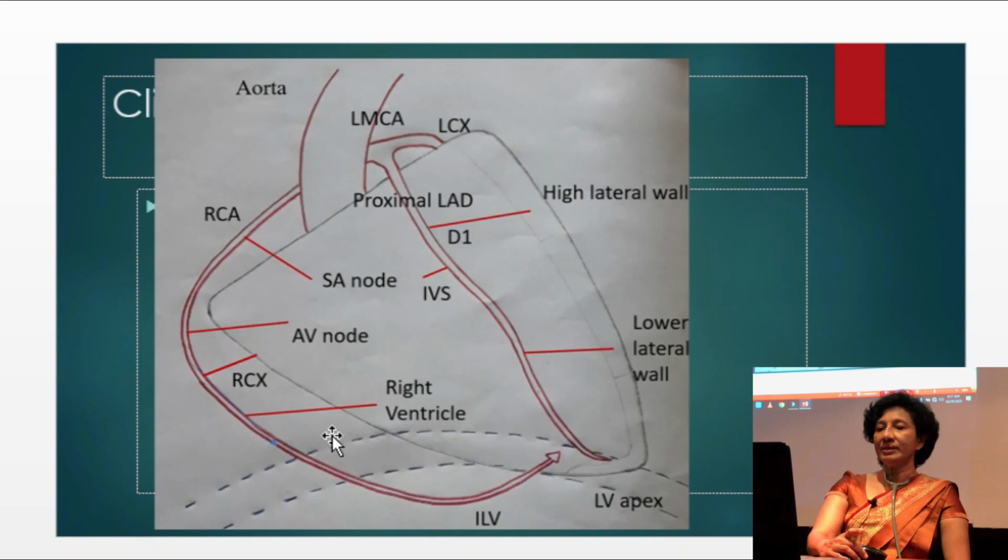Then the major branch which supplies the right ventricle is called the right ventricular branch. Then the right coronary ends up supplying the inferior wall of the left ventricle. In 30% of the population, this right coronary may supply the lower lateral wall of the left ventricle as well. These are individual variations.